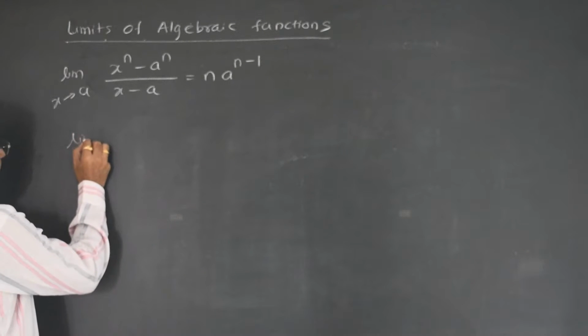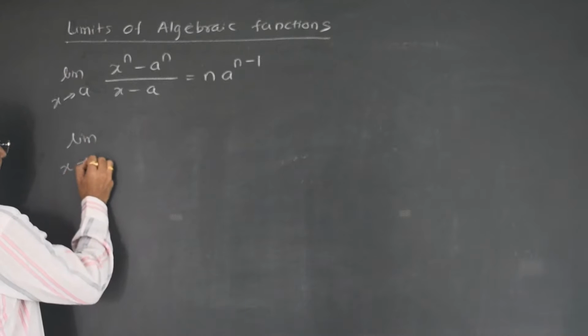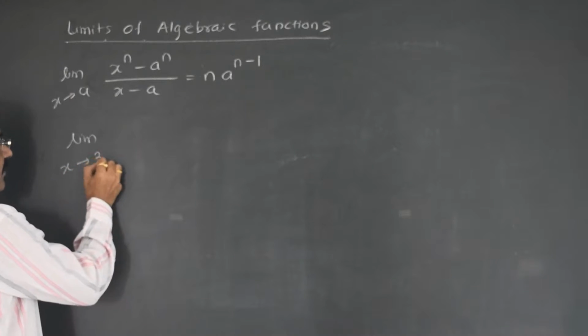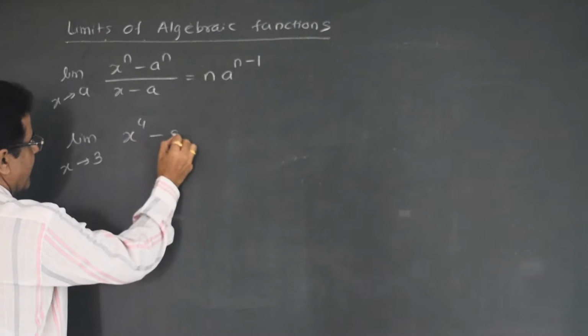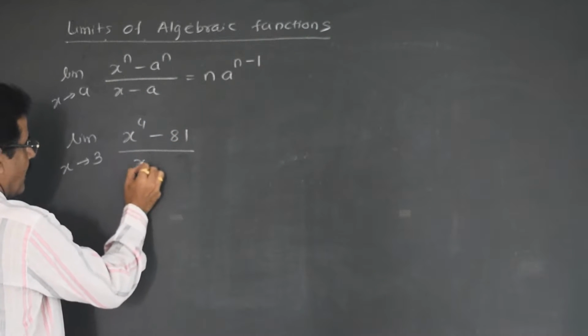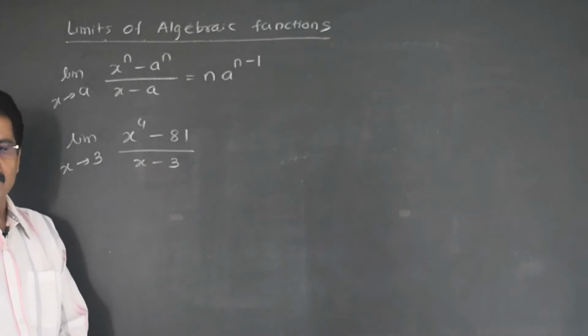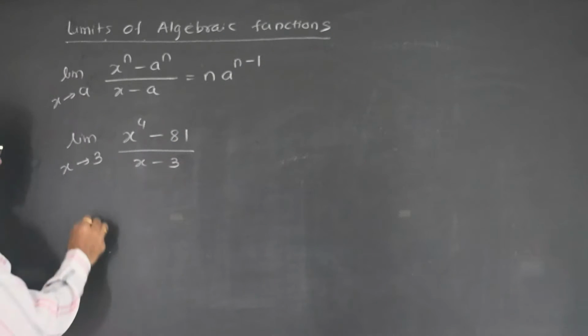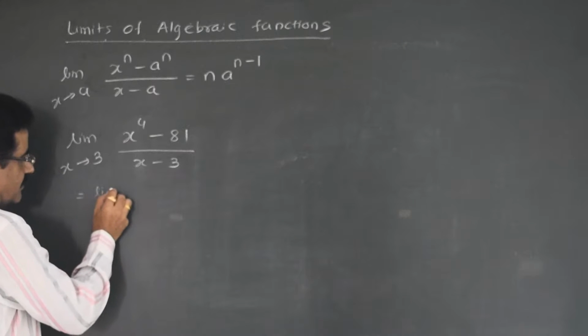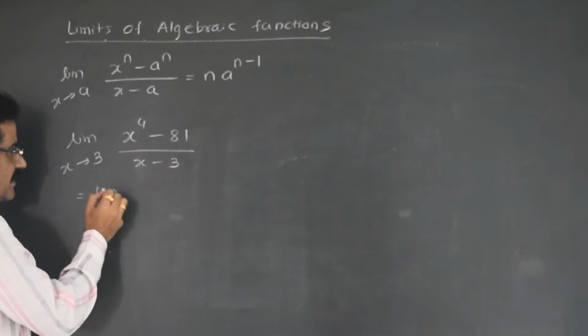For example, if we have the limit as x tends to 3 of x raised to 4 minus 81 upon x minus 3, this can be solved directly using that formula. It can be proceeded in this manner: limit as x tends to 3.